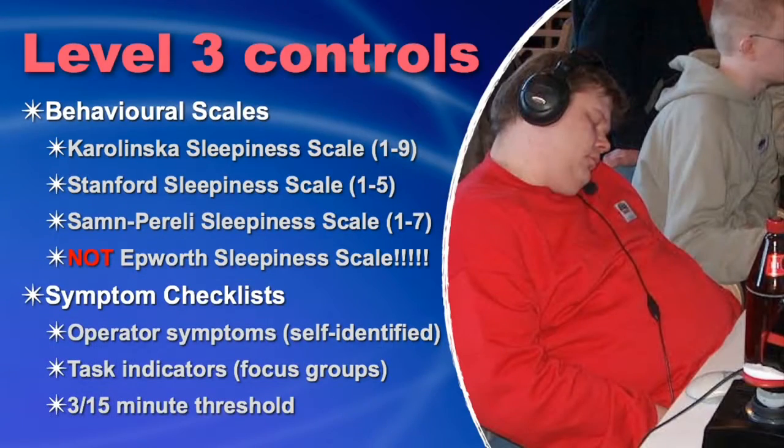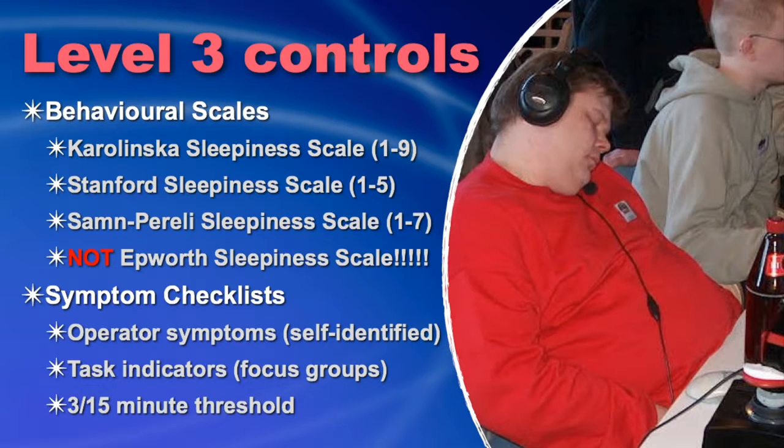The fatigue detection technologies that we've been talking about in the last section are probably at the Rolls-Royce end of the scale for level 3 controls. There are level 3 controls which are quite simple, practical and inexpensive to use, and these can be divided into 2 broad categories. There are behavioural scales.